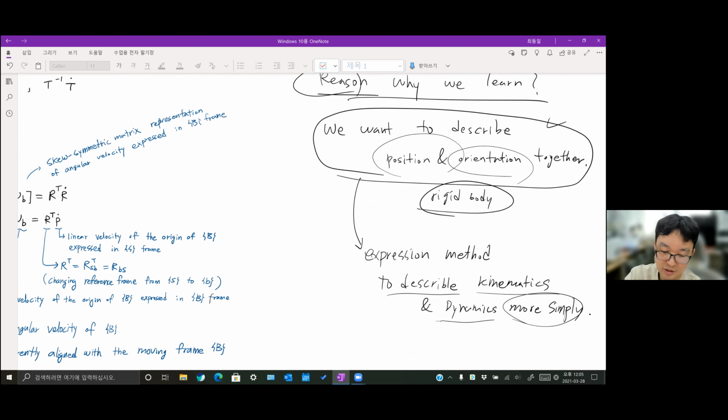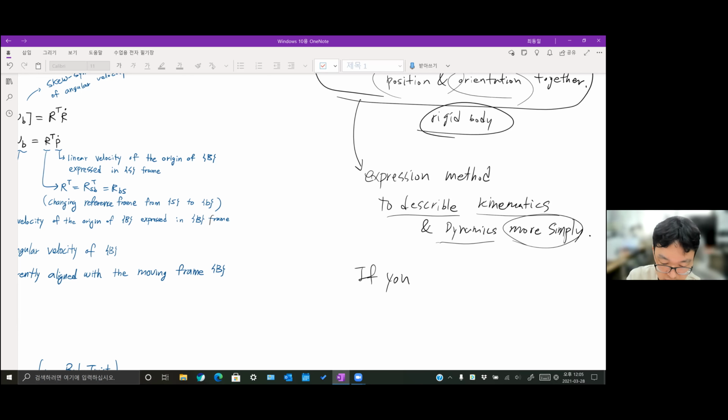So that is our goal. If you use the concept learned in this class, you can write down the dynamics equation very, very simply, some kind of one line equation.